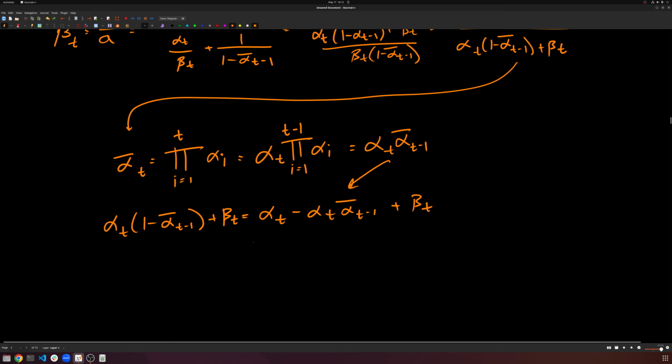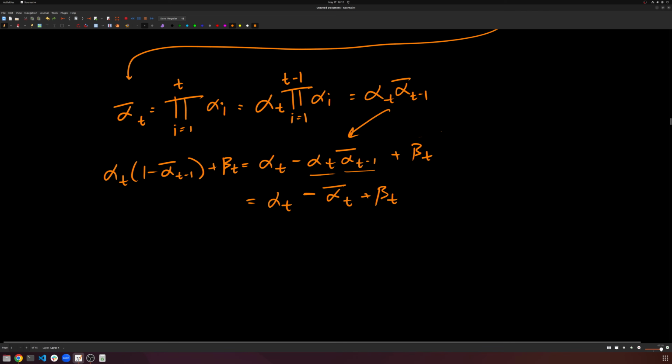And that is equal to alpha t minus alpha hat t, because this is a product of all terms from 1 to t minus 1, and then we have the t-th term, so that's all of them up to t, plus beta t. That's looking pretty good.